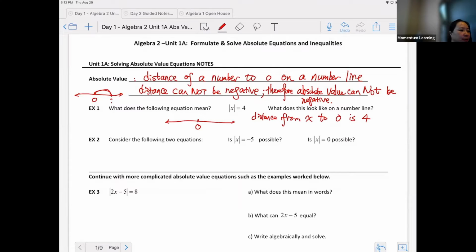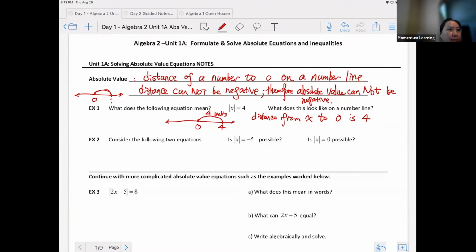It can be 4 units to the right. So what's my tick mark here? It will be 4. Is that the only possible place that x can be? You can unmute yourself and we can discuss together.